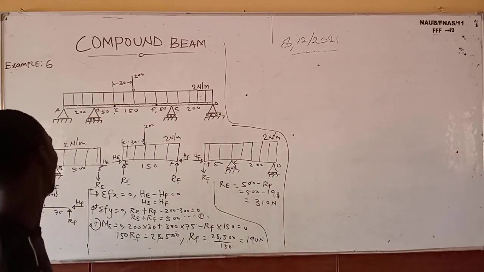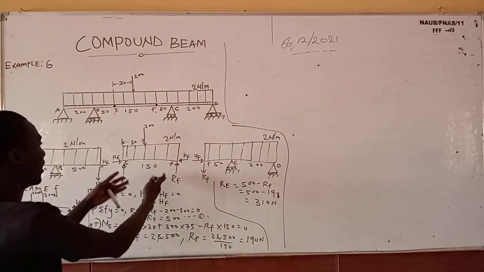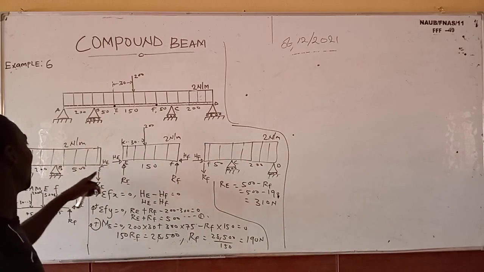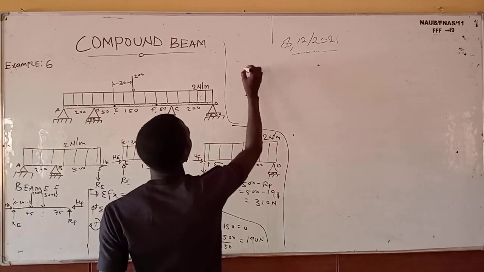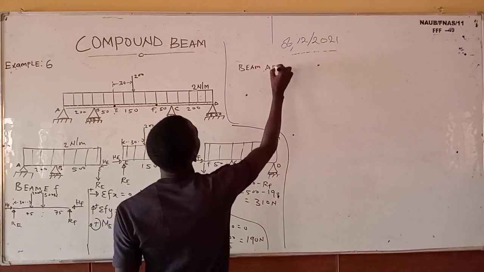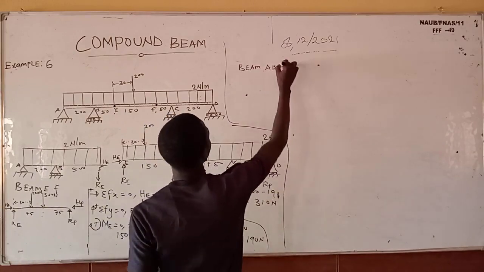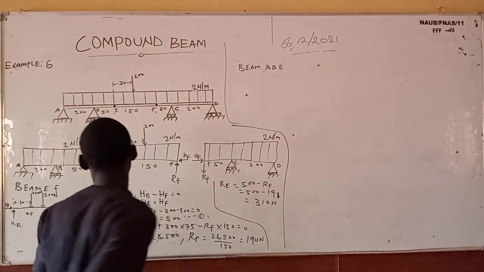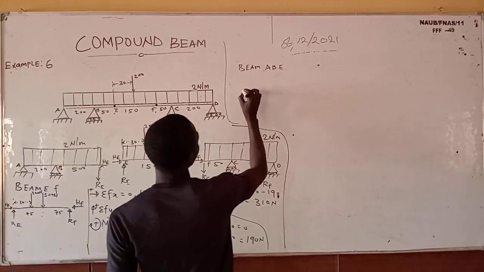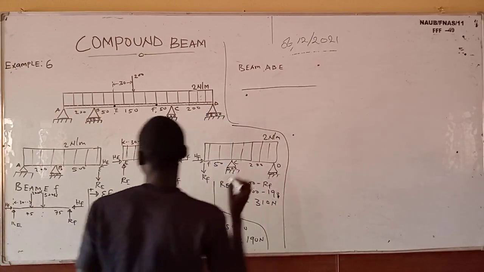Since we've gotten the internal forces, we can now take beam A, B, and E. Let's solve for beam A, B, and E. So now we draw the free body diagram again. The free body diagram will be in this manner.